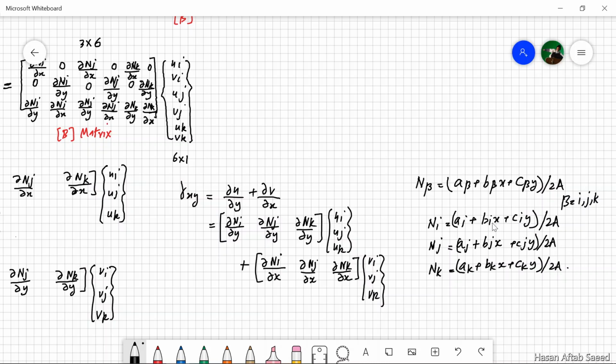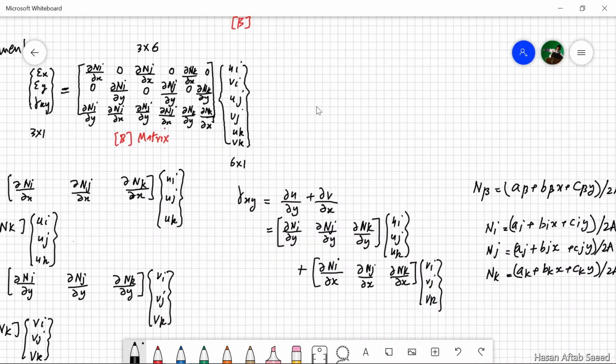So in our expression, instead of these partial derivatives, we can just write the solution. For partial ni over partial x, we'll only get bi over 2a, and because 2a is in every expression that we are going to get, we can take it outside, so we can write bi. Then we have 0, then in the next we should get bj, then we get 0, bk, 0.